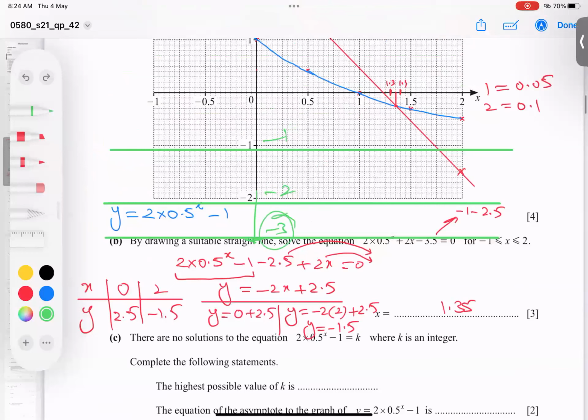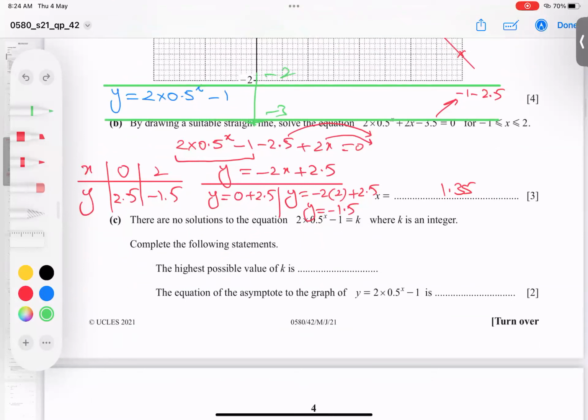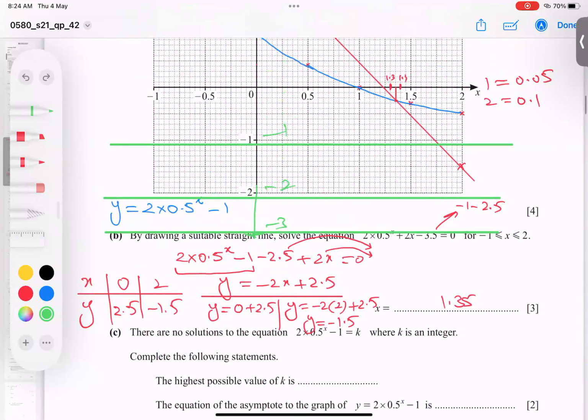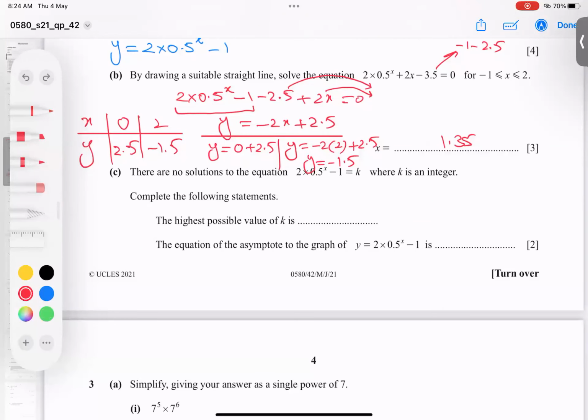Naturally, the highest possible value is -1. So the highest possible value which gives us no solution is not -3, not -2, only -1. Because if I go down, -4 also, but among these, the highest value is -1. So our answer finally is -1, at which we have no solution. Now write down the equation of the asymptote.